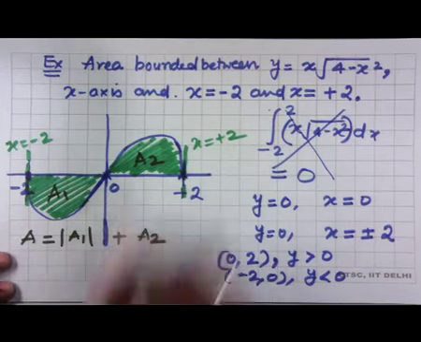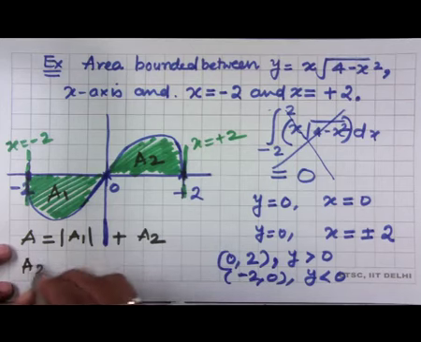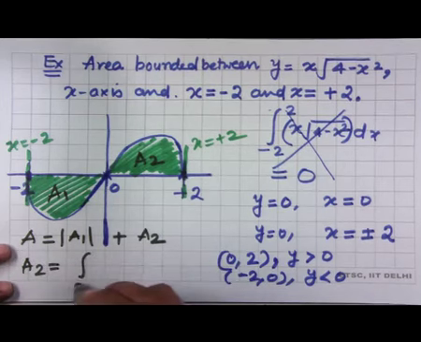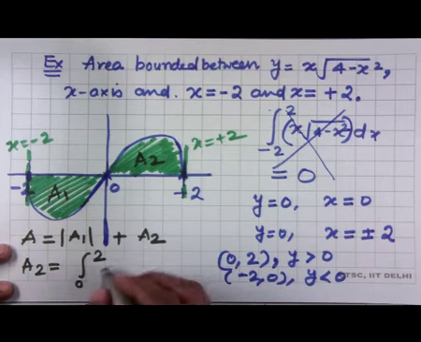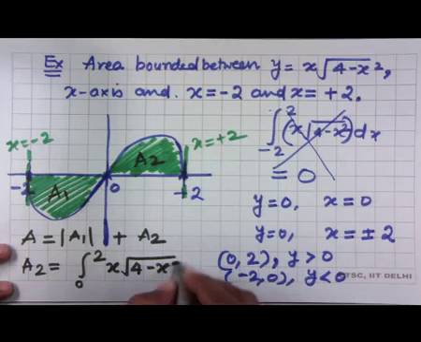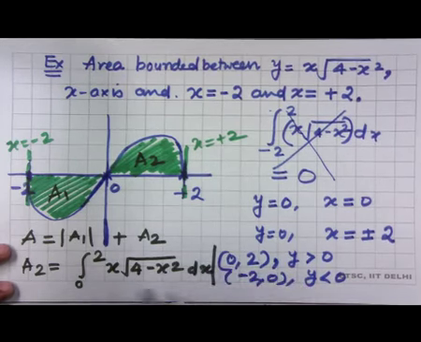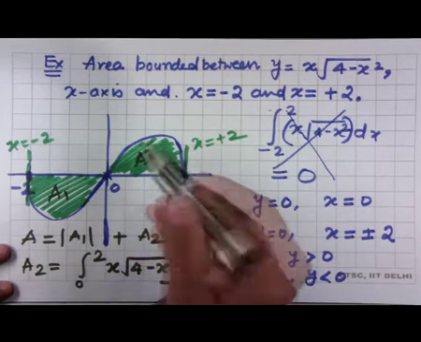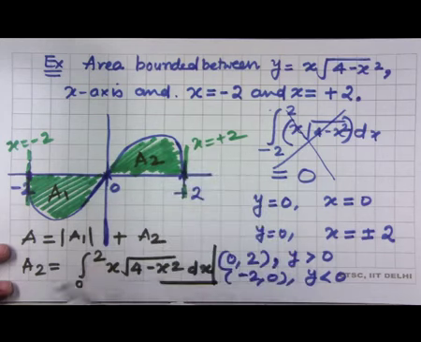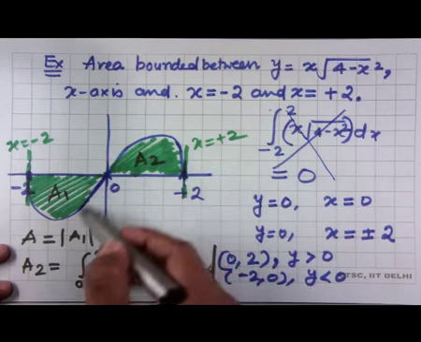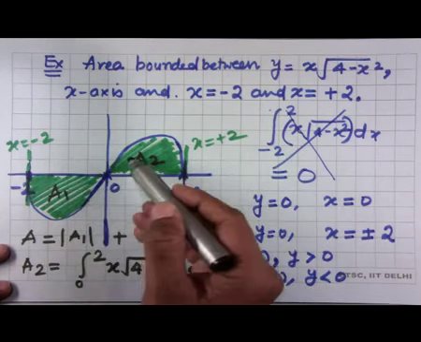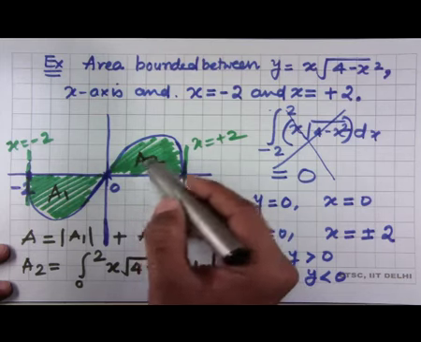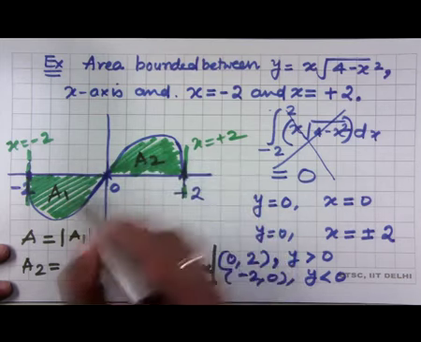So we will compute A2 first. A2 will be given by integral from 0 to 2 of x under root 4 minus x square dx. Since this curve is symmetric and an odd function of x, A1 will have the same magnitude as A2 but a negative sign.